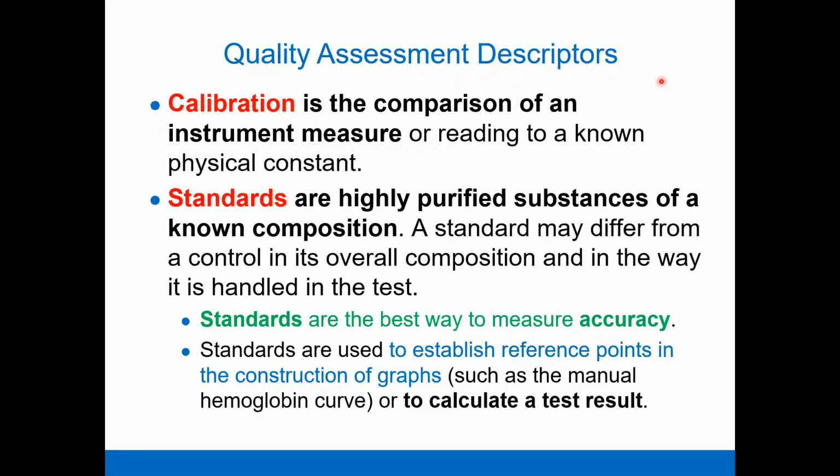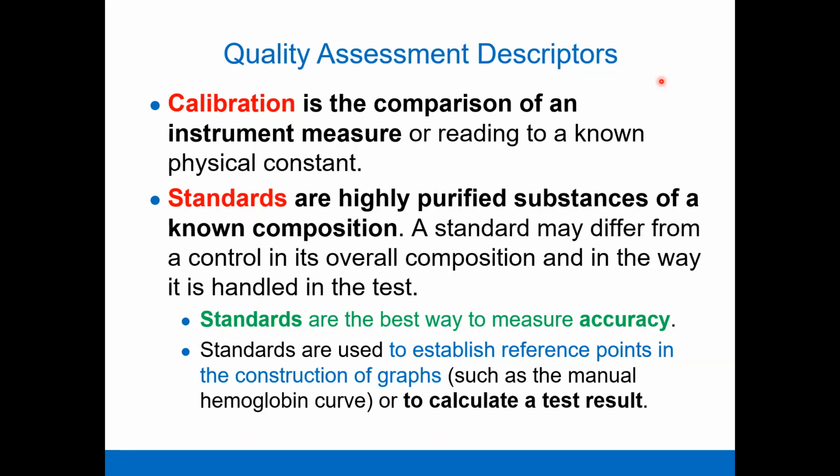Now, calibrators are another kind of sample that we are using. Calibration is the comparison of an instrument's measure or reading to a known physical constant. Standards are highly purified substances of a known composition.